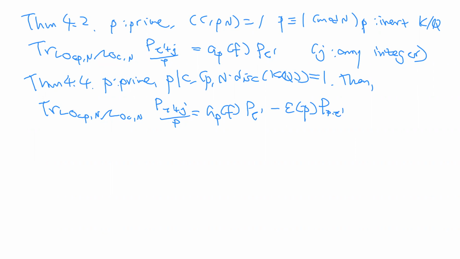I'm not sure I copied it correctly. On my note, it says P times tau. I won't write it down, but this epsilon is the character of the new form F.